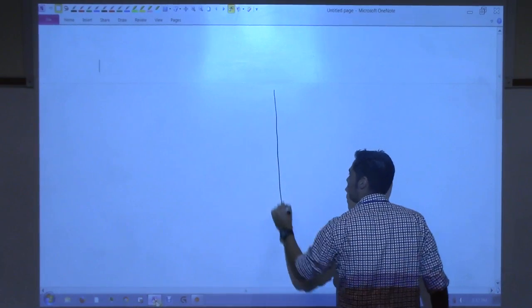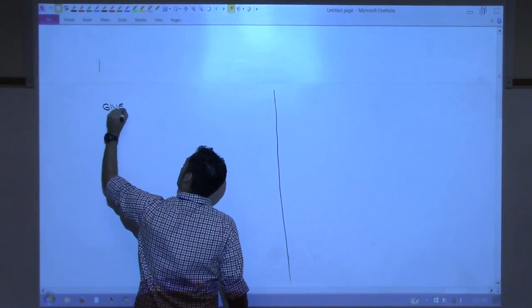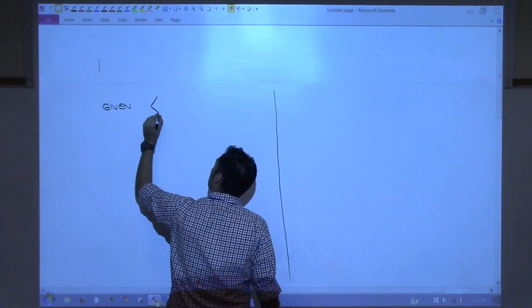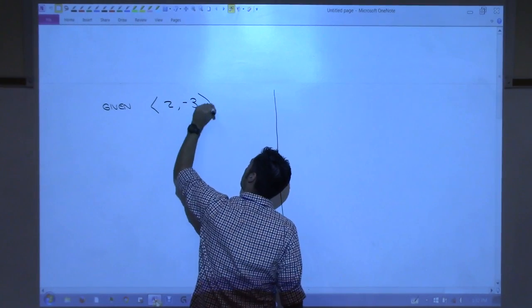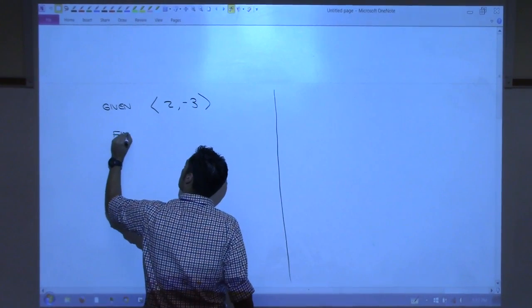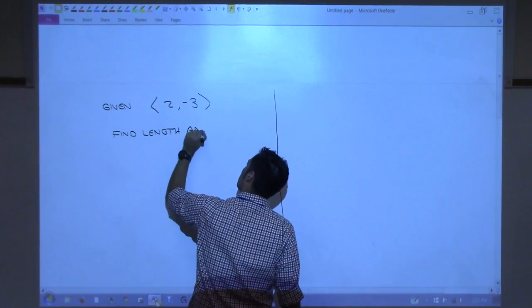Okay, so I'm going to do split screen here. You're given here the vector 2, negative 3. Find the length and the direction.